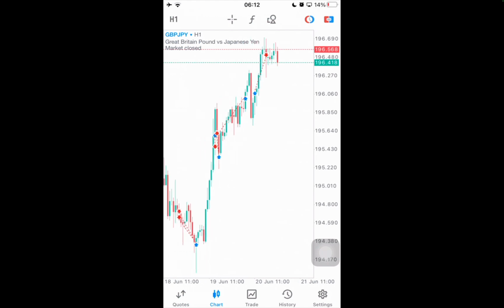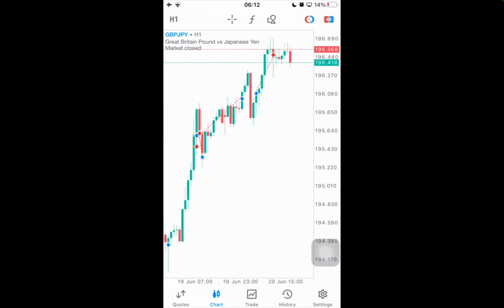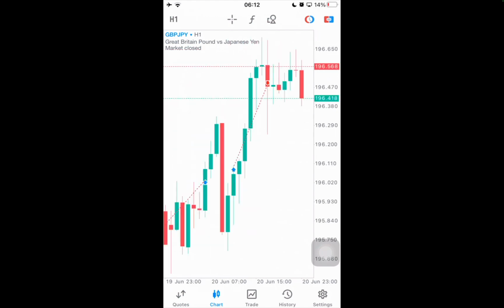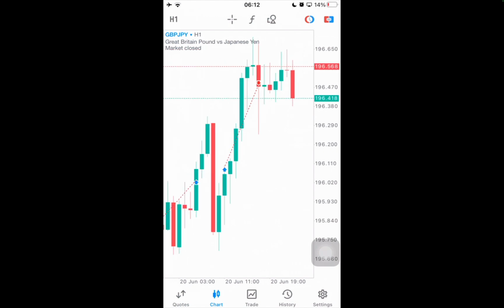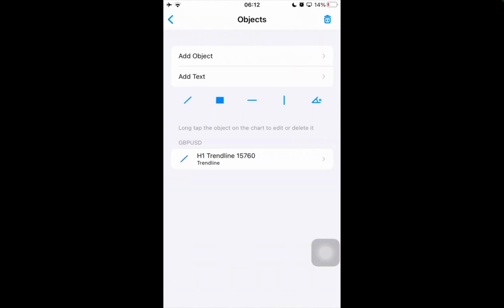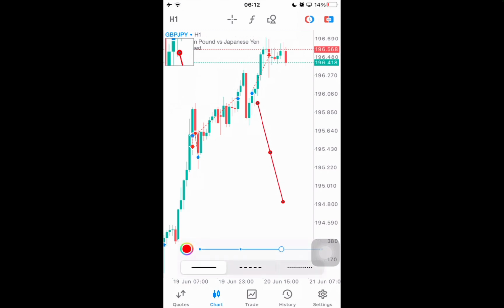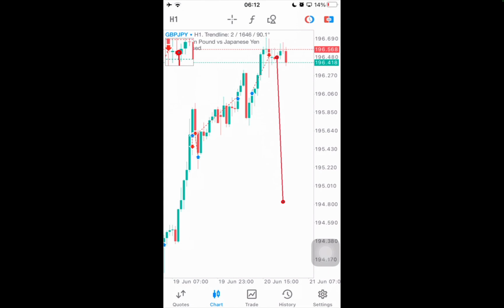Instead of showing you my screen, I'll put it on the camera and just show this. So this is the GJ buy that was taken from here, this area, then exited somewhere here.